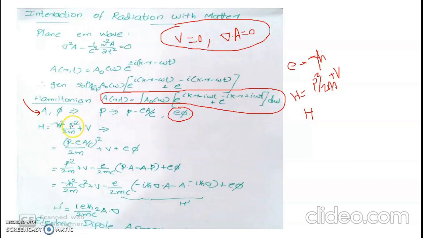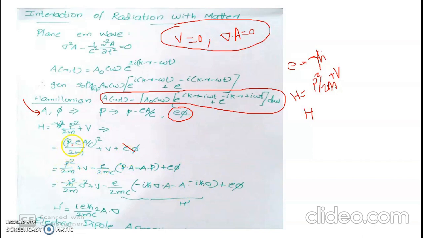So we will be replacing P by P minus EA by C, so that this is the Hamiltonian while the system is interacting with the incoming beam of radiation, plus V plus E phi. But we have taken phi equal to 0, as this is necessitated by the Lorentz gauge. So we will be omitting E phi. I have retained this for 1 or 2 steps, but you can omit it right now itself.